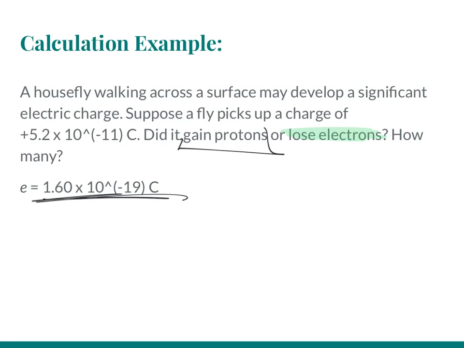So to figure out how many, we got to use a wee bit of math, and we're going to do a proportion. So we know that the fly picked up this much charge, 5.2 times 10 to the negative 11th coulombs. And all that's left to do is figure out exactly how many electrons that is. So we say 1 electron is 1.60 times 10 to the negative 19th coulombs.